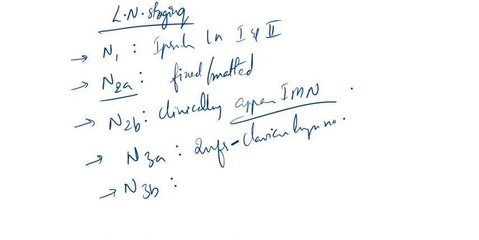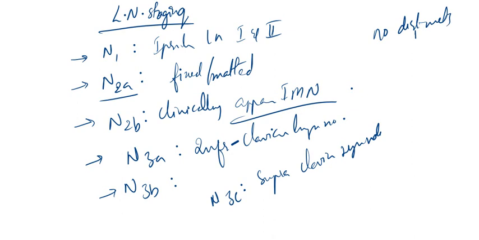Now if the metastasis is to ipsilateral supraclavicular lymph nodes, then that is taken as N3C. Now if there is no distant metastasis, it is taken as M0. If there is a distant metastasis, then it is taken as M1. Okay.